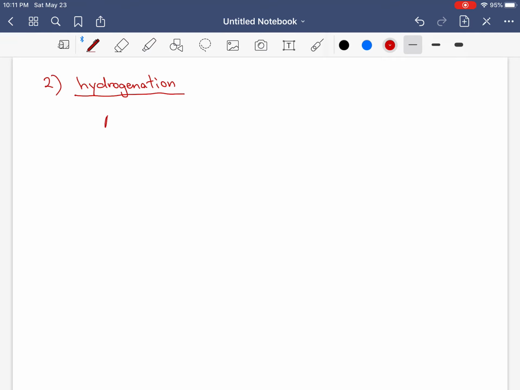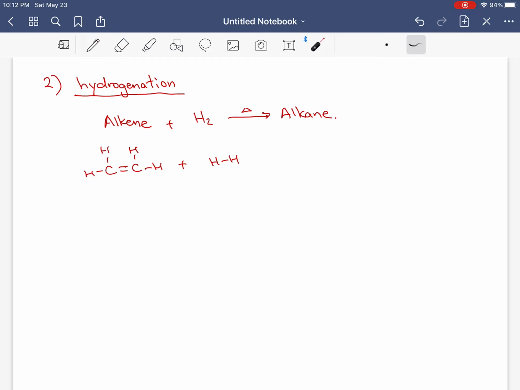So let's take a look at an example here. You have an alkene and you're reacting it with H2 gas. Under heat, you will make an alkane. So we have an alkene right here, ethene. If you react this with hydrogen gas, just like what we saw with halogenation, this H comes over here, this H comes over here, because this double bond broke.